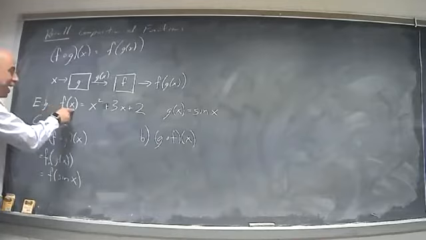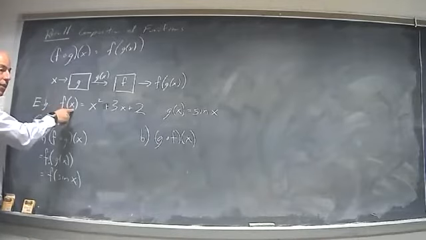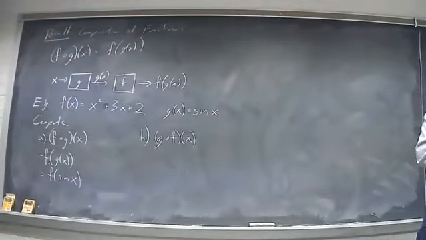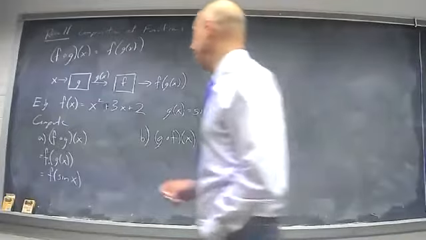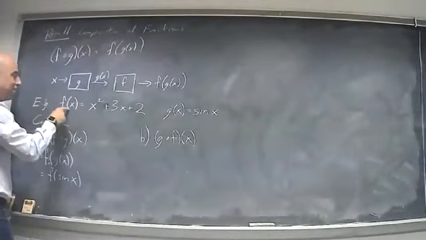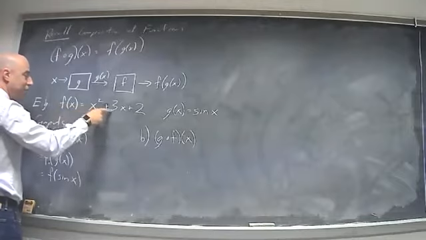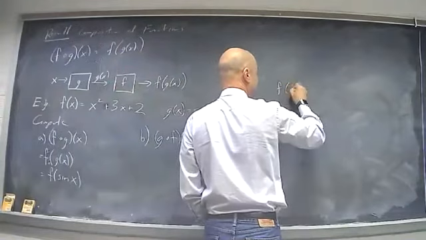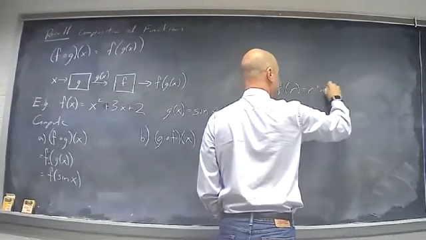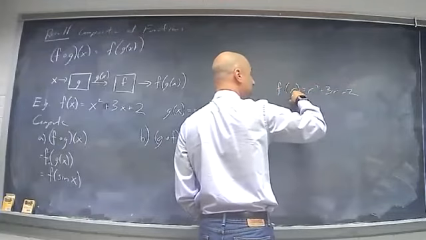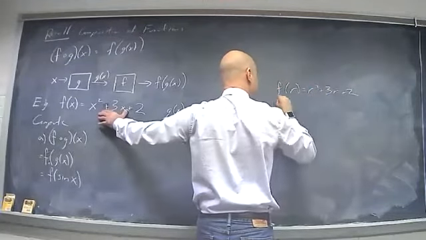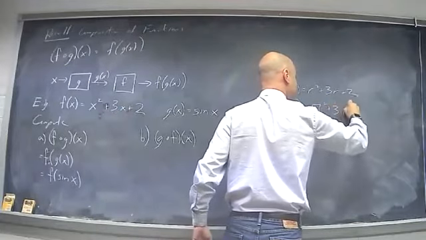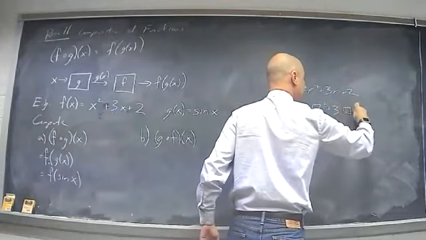Well, f of x is x squared plus 3x plus 2. So let me do some scratch work over here. f of r would be r squared plus 3r plus 2. Basically, whatever goes in here goes where the x is. So f of box would be box squared plus 3 times box plus 2.